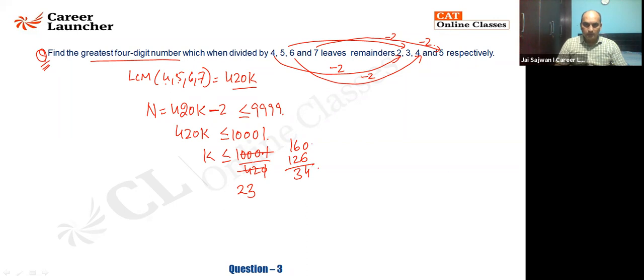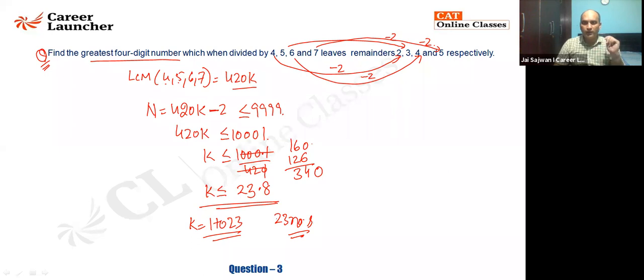Then I will write down some value. So 4 8s are, it is 23.8. So K is a value which is less than 23.8. I know K will start from 1 and it goes till 23. So I will say 23 numbers are there. But no one is asking me to find out how many numbers are there. They are asking me to find out the largest value here. So I know the largest value is less than 23.8. That will be only 23.